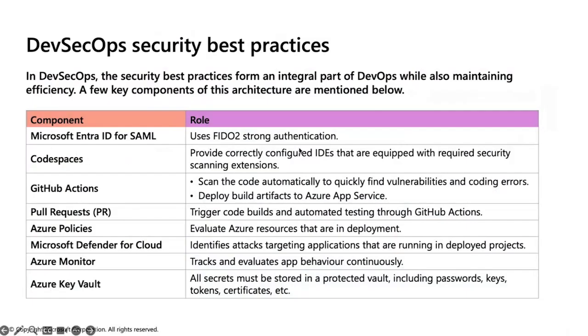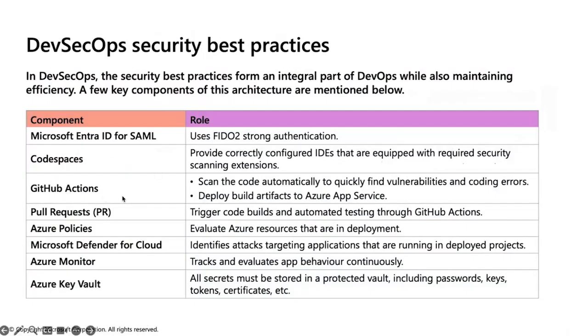Codespaces provide correctly configured IDEs that are equipped with required security scanning extensions. So in the very first phase, we add IDE extensions for security testing. That should be installed and present.